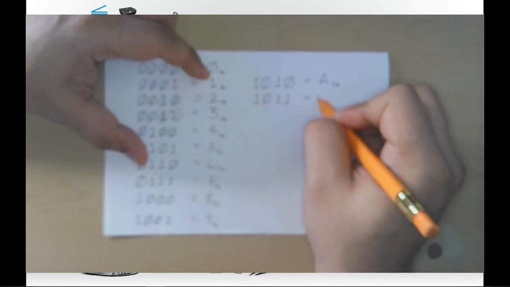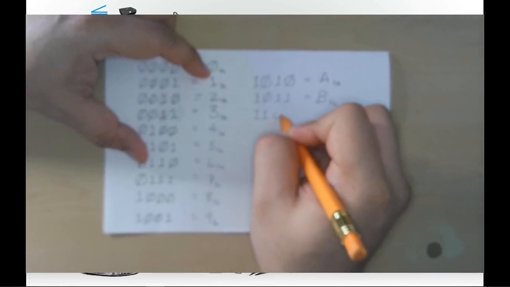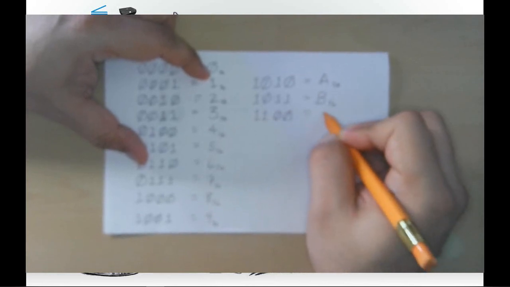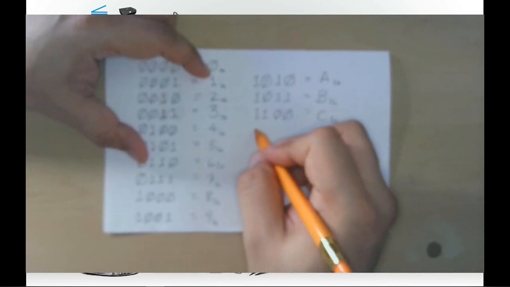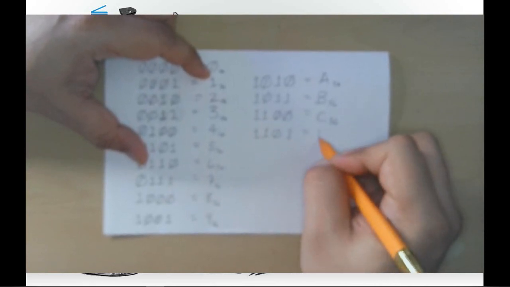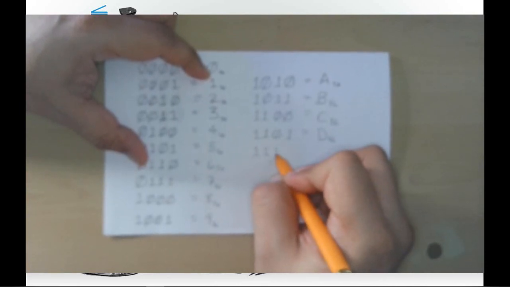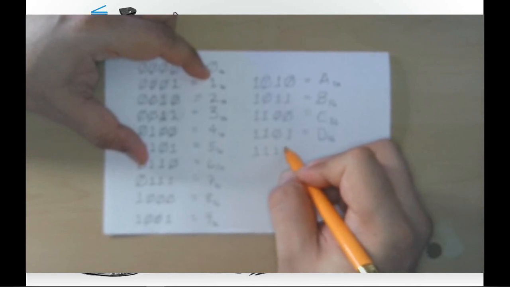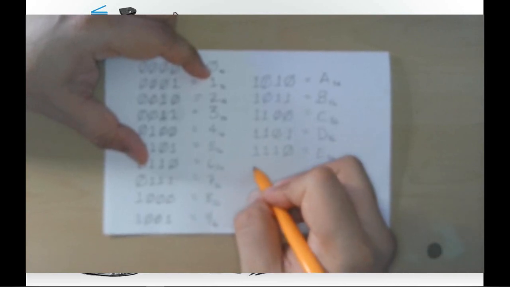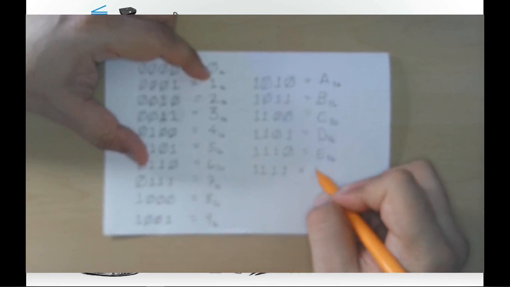11 is B, 12 is C, 13 is D, 14 is E, and 15 is F. Okay?